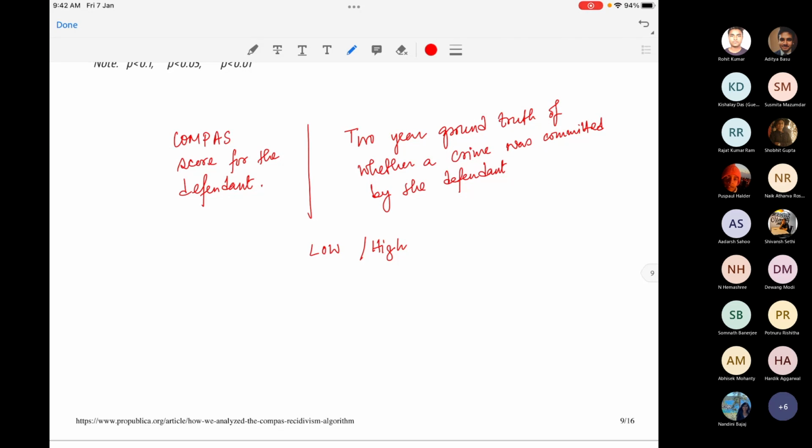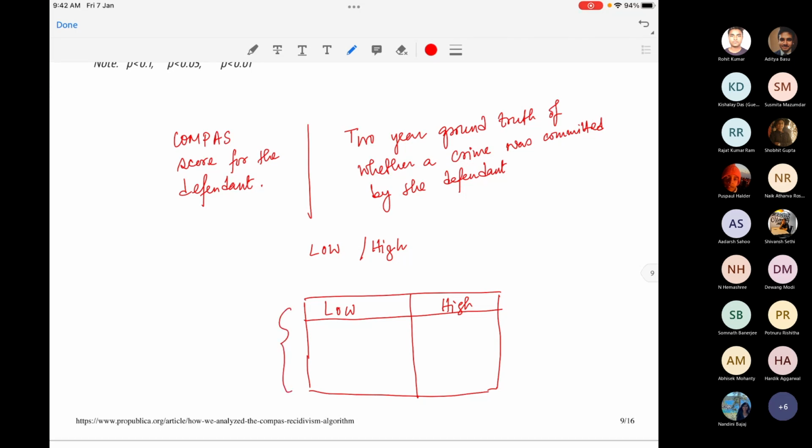Okay, let me give you a hint. They are trying to build a contingency table. What should be here? The columns are low and high, basically risks.